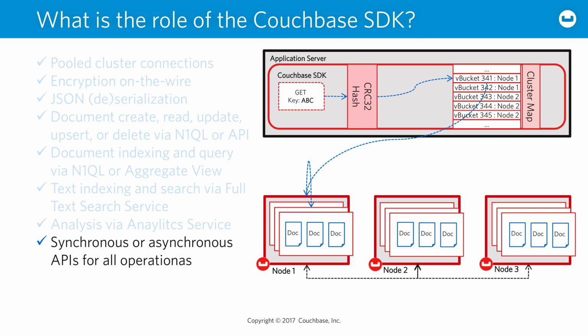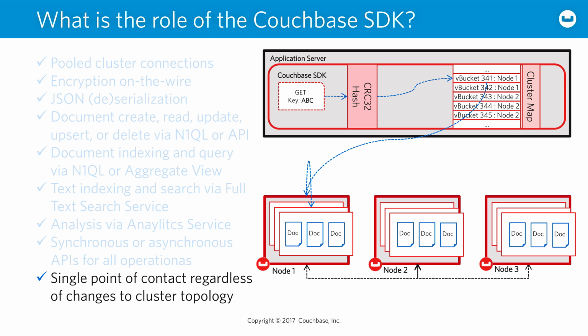You have your choice of either synchronous or asynchronous API calls for all operations, and the SDK provides a single point of contact regardless of ongoing changes in your cluster topology.